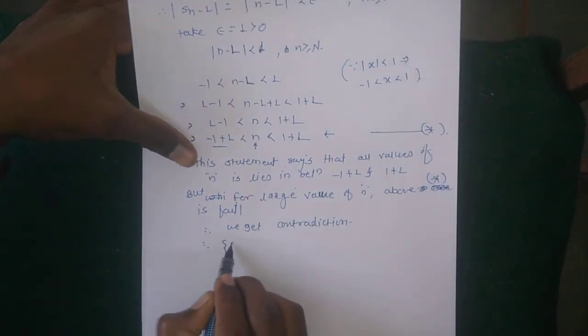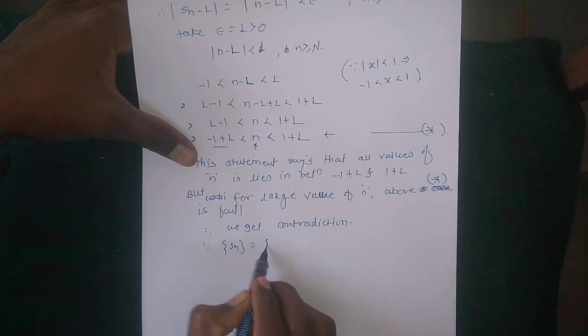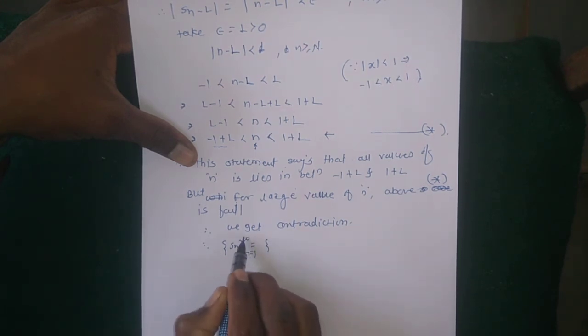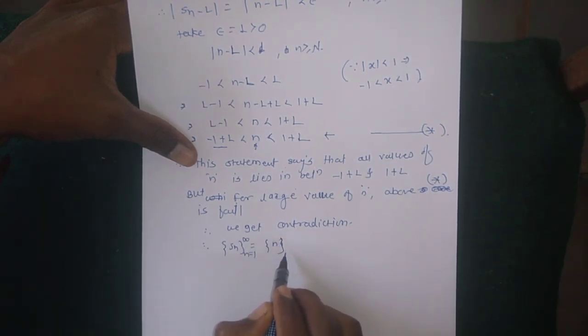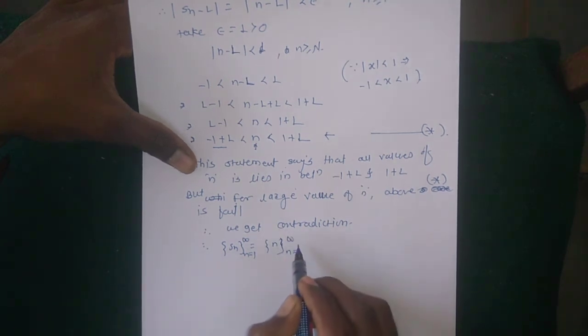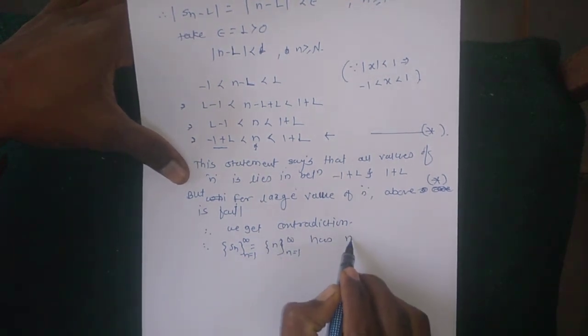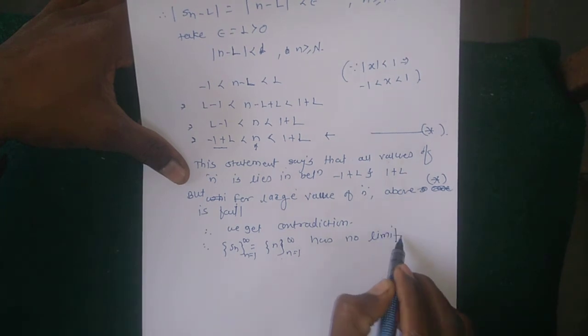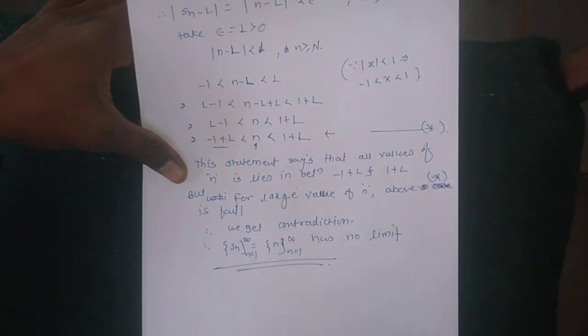Therefore the sequence Sn equal to n has no limit. Okay, this is our example.